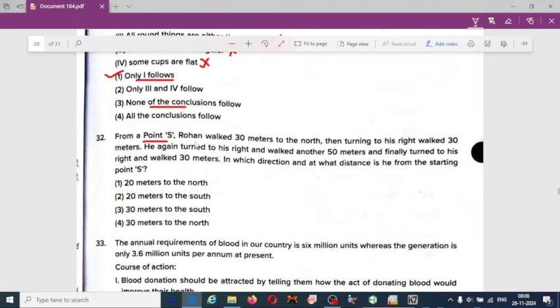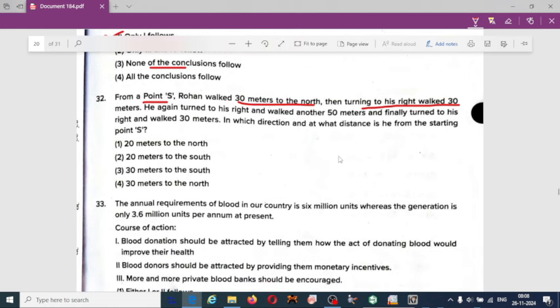From a point S, Rohan walked 30 meters to the north, then turning to his right walked 30 meters. First let us take the position of Rohan as S. Okay, he walked to the north means upward 30 meters, and then he turned right and again he moved 30 meters.